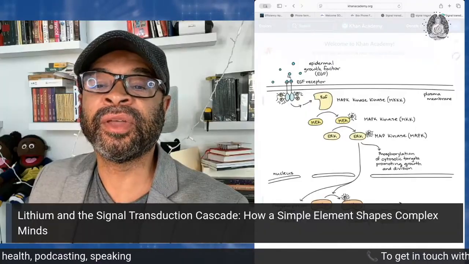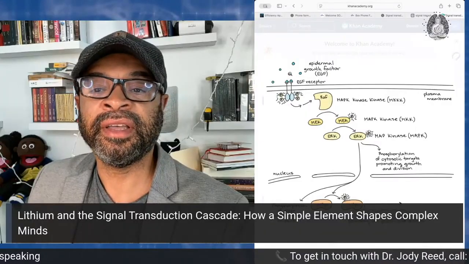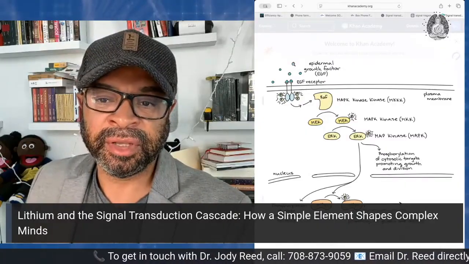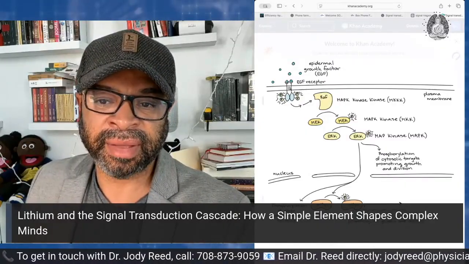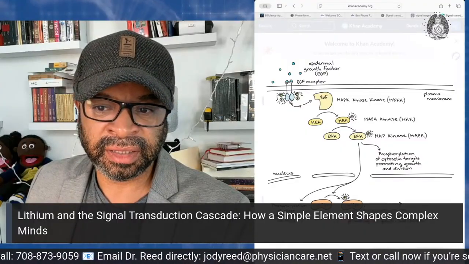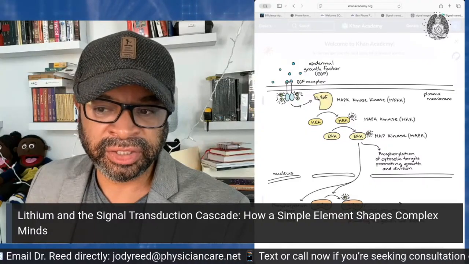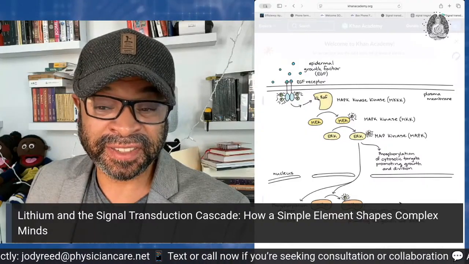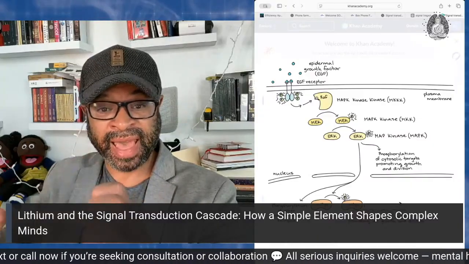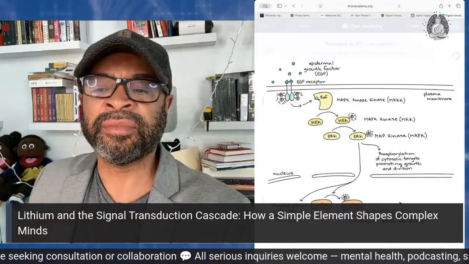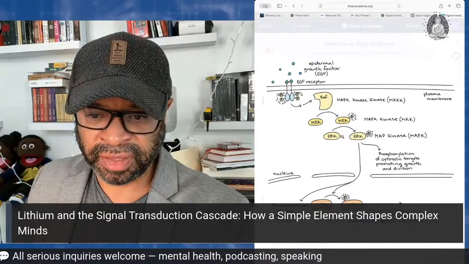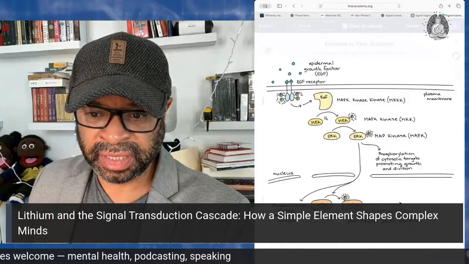Here's an example. I guess this is the postsynaptic receptor. It could be the presynaptic receptor, but here are the ligands, right? They're binding the proteins, and this results in a series of reactions that release two subunits, and those subunits become active and start doing their work. I never remember the details, I always have to go back to them, but you can see what's happening here.